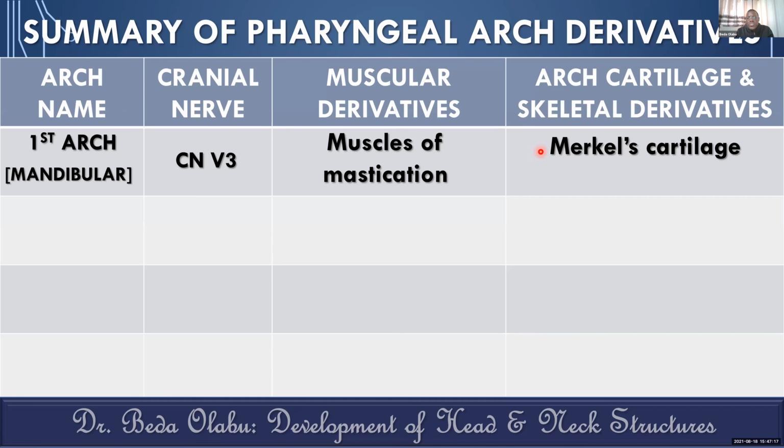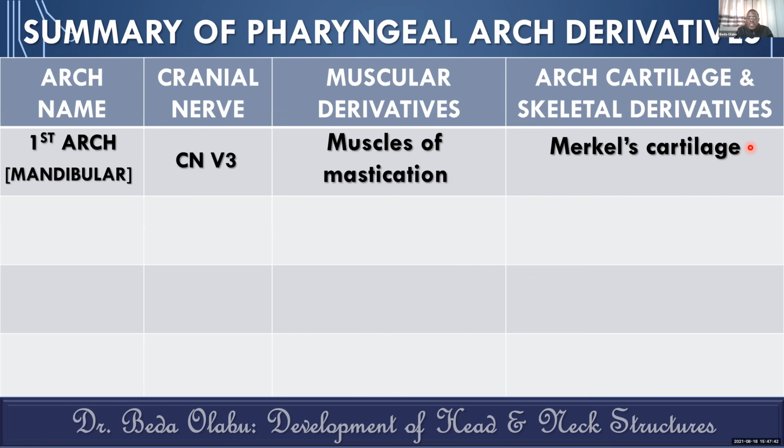This cartilage usually disappears in a large part of it. So the usual fate of the Meckel's cartilage is that it will disappear. However, there are other skeletal structures which will develop within the first pharyngeal arch.